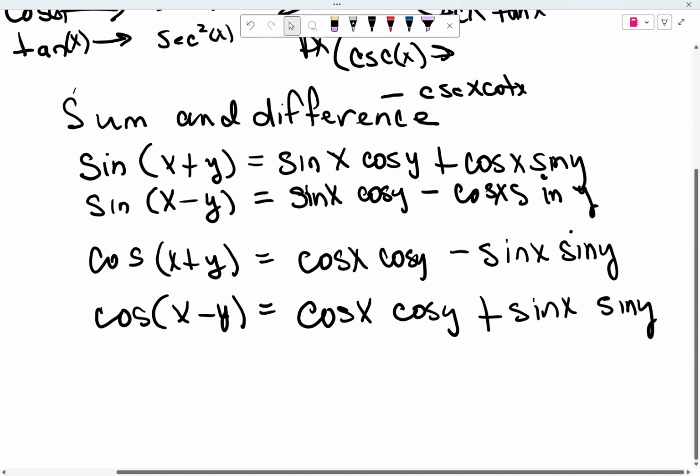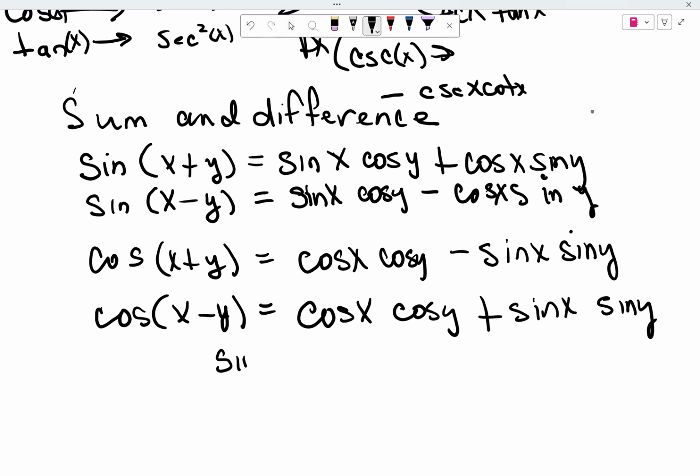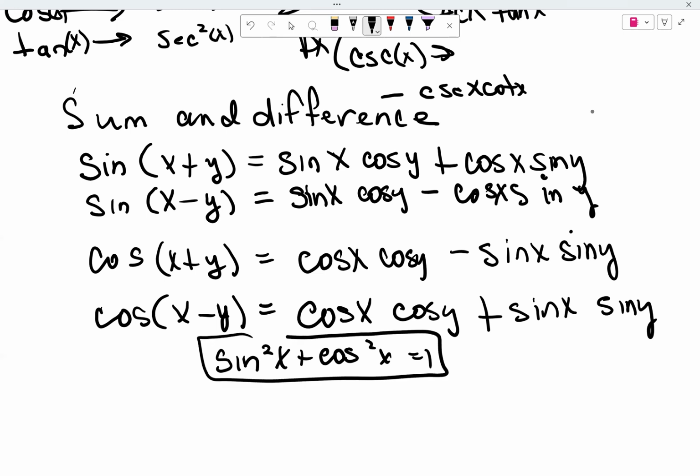So that is just a little bit of a recap. If you do also remember that if you have sine squared x plus cosine squared x, that this is equal to 1. I need you to remember this one because this one I saw came up in a couple of examples. And so that's one of those trig identities that we just need to remember.